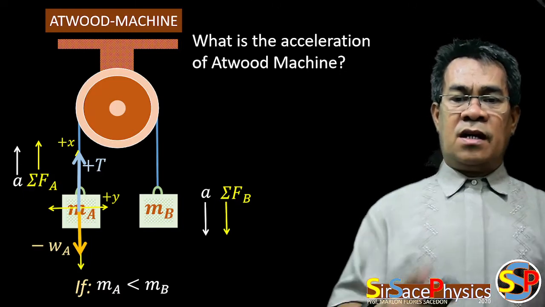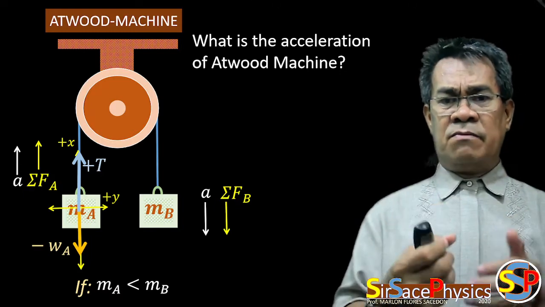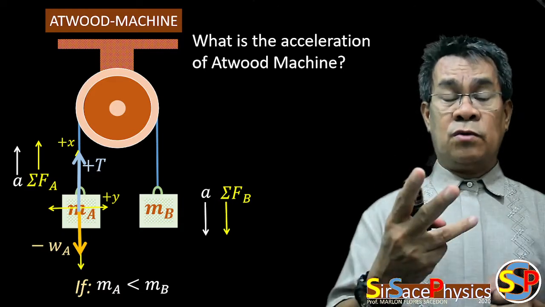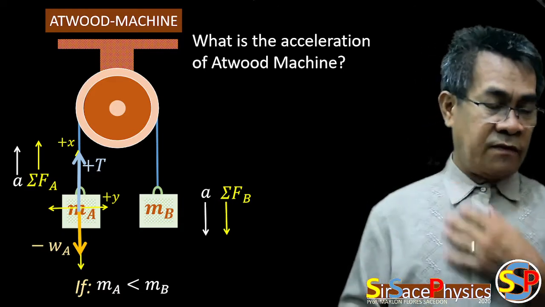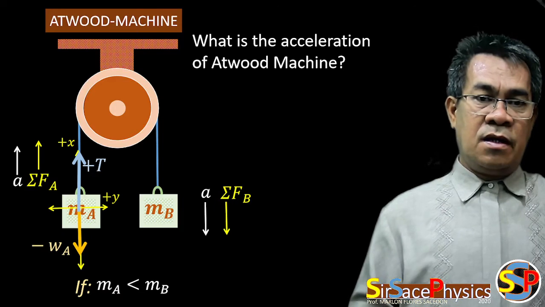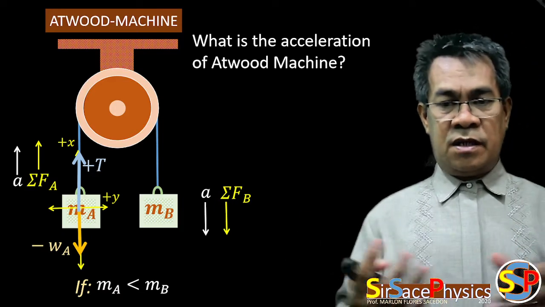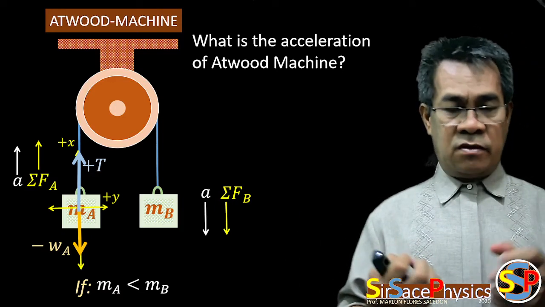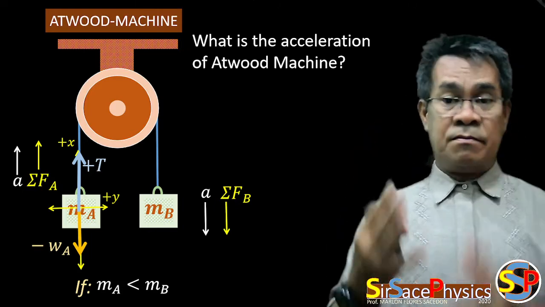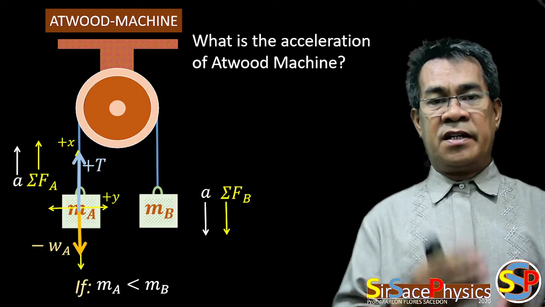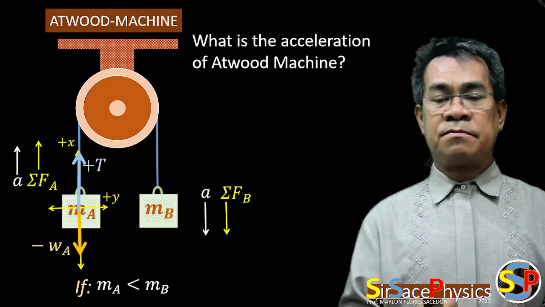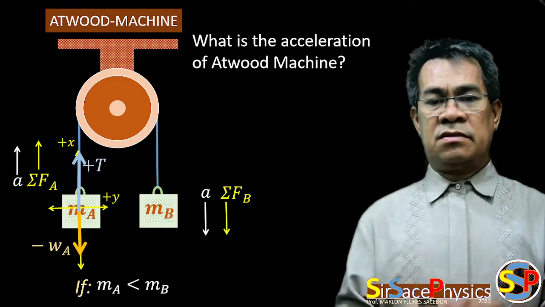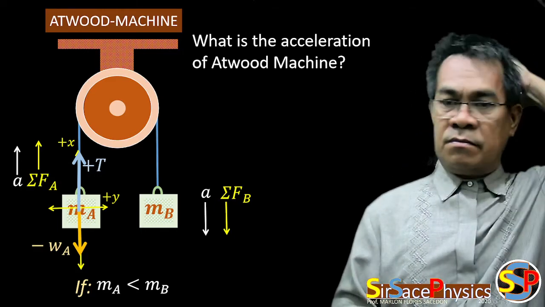Okay, then because in this problem we should construct two free body diagrams. Now, in dynamics of motion problems, the number of particles in motion in a system is the number of free body diagrams that you should construct, because you can use them in order to solve the problem.